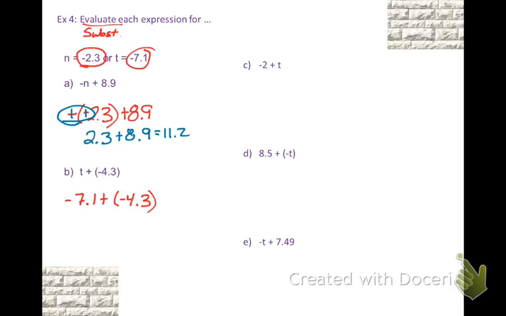They're the same signs, so you're going to add them. And they're both negatives, so I'm going to put a negative sign. And then 7.1 plus 4.3 is negative 11.4.